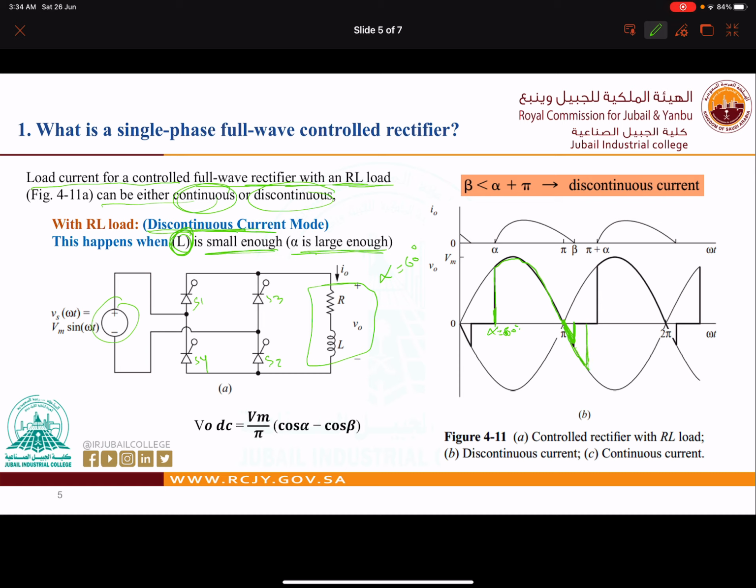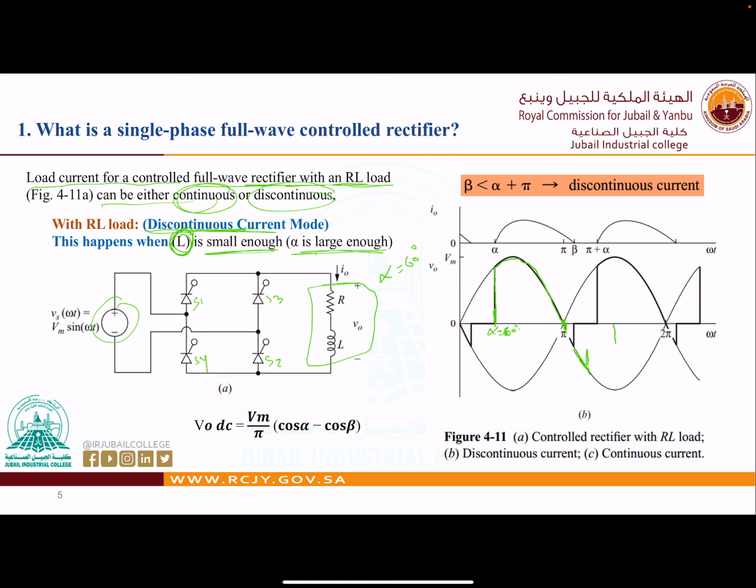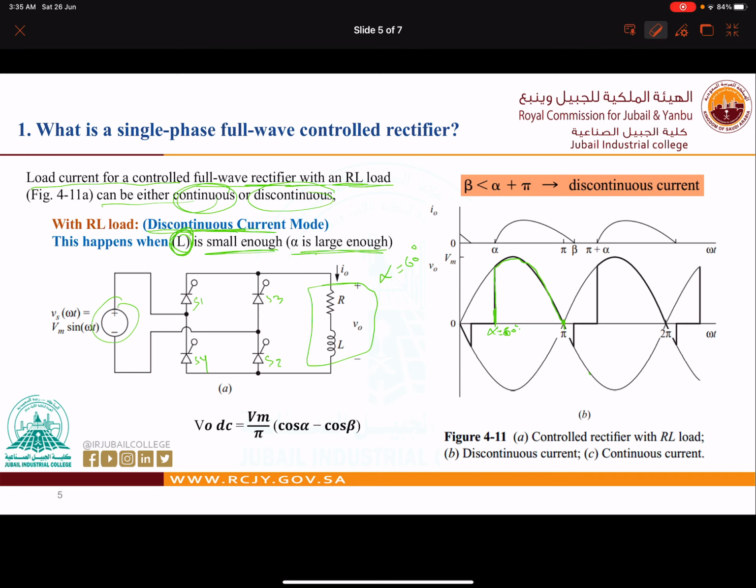If also the inductive load is big, it will be like this, up to here. And also it will be big, it will be like this, and so on. Okay, so now we need to make sure that alpha is small enough. We will understand, inshallah. Don't worry.